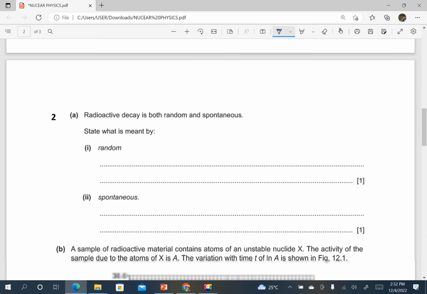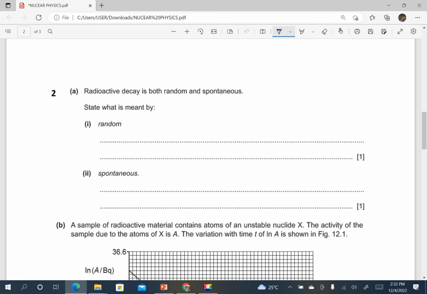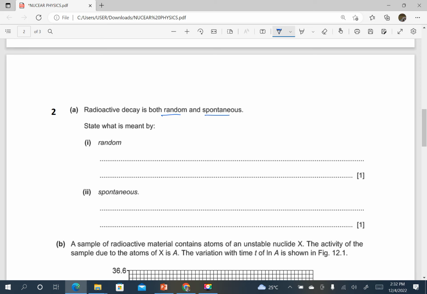Number two, the last question. Radioactive decay is both random and spontaneous. State what is meant by random. We said random means we cannot predict which nucleus in a sample will decay next.